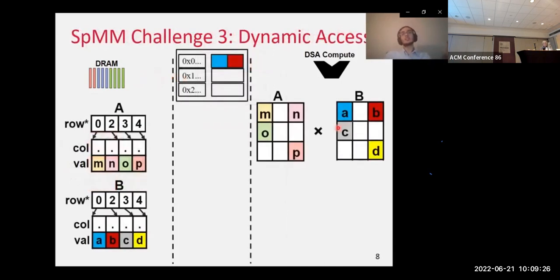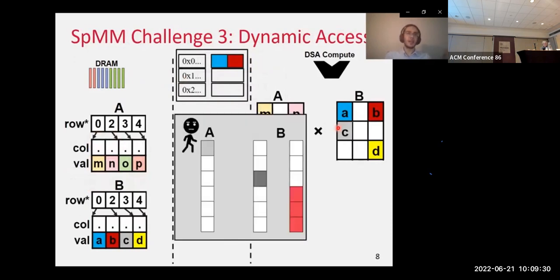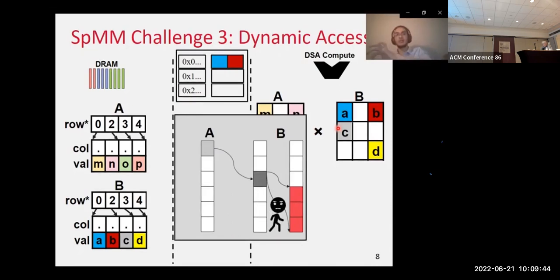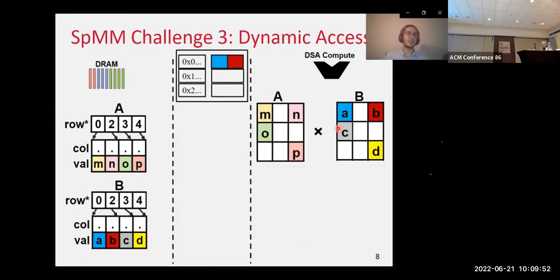The next challenge is that we have to work with dynamic accesses. And by that, we mean for getting some values from matrix B, for example, we have to read matrix A first, go to a part of matrix B, and based on that, go and read the data that we have to fetch. So we have to have several steps of traversing different data structures for maybe just getting one single element.